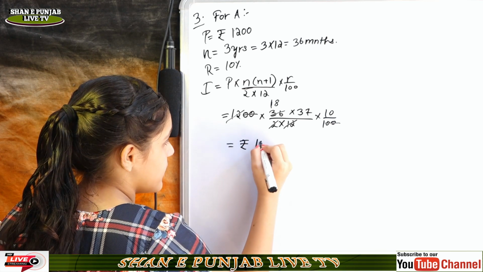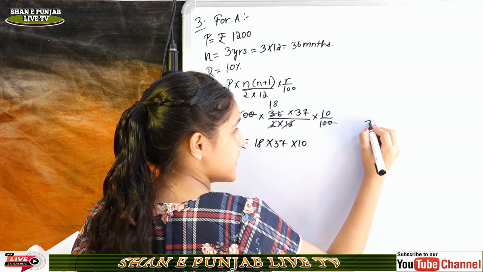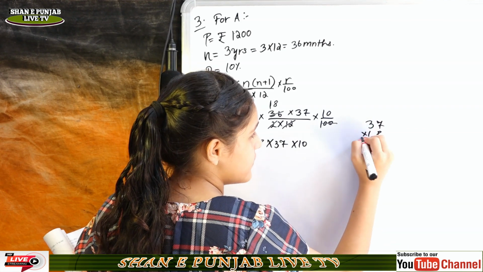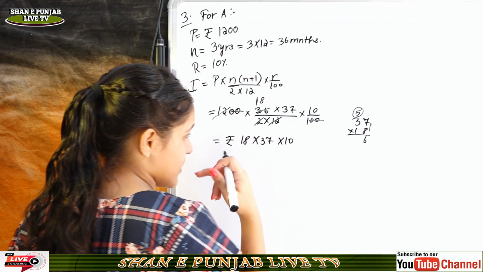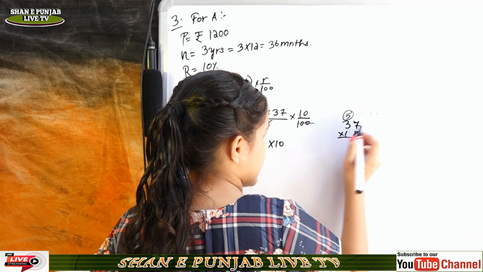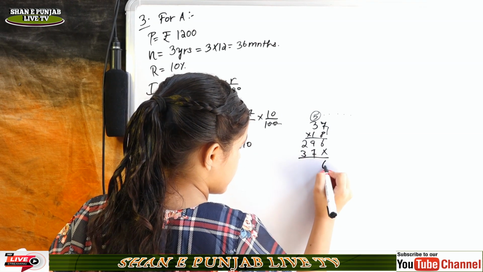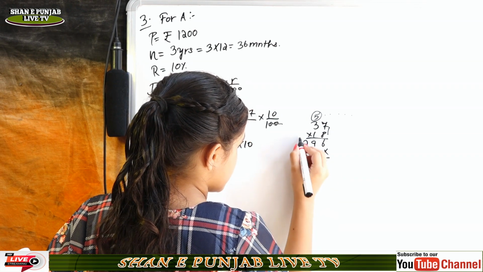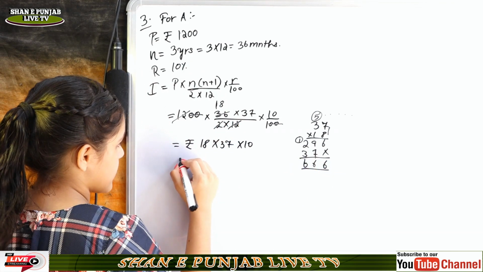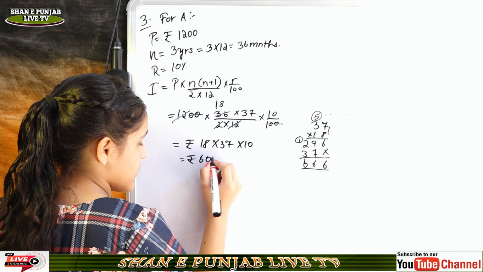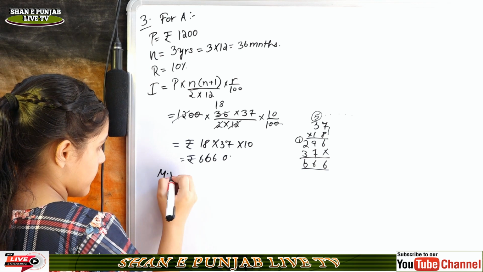Here we are left with 18 into 37 into 10. 37 into 18, 7 8s are 56, 8 3s are 24, and we get 666, 0. Now MV for A.